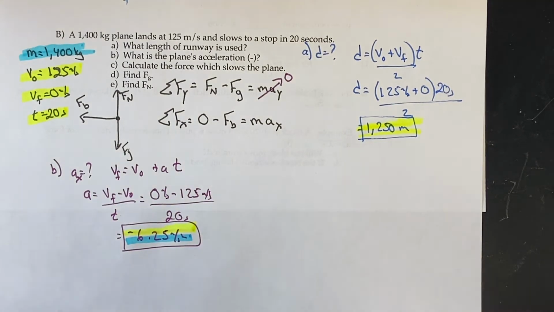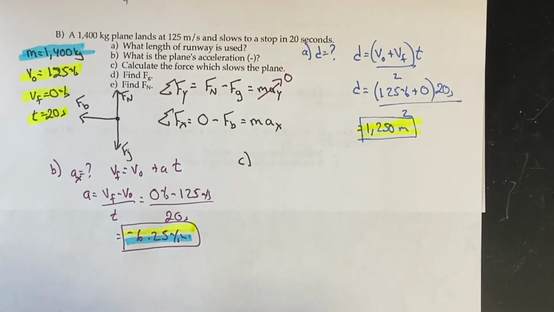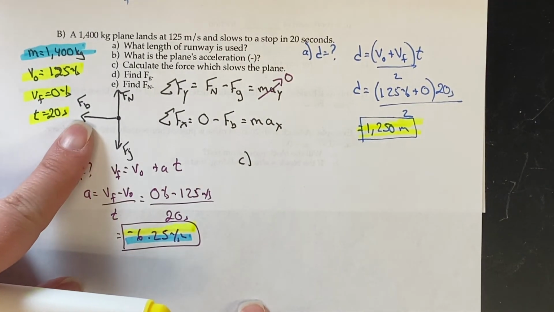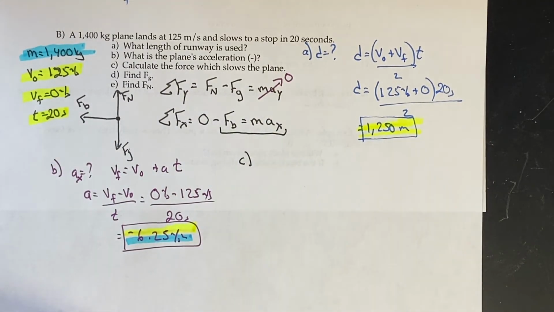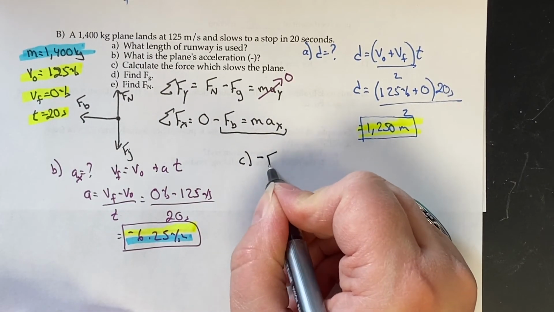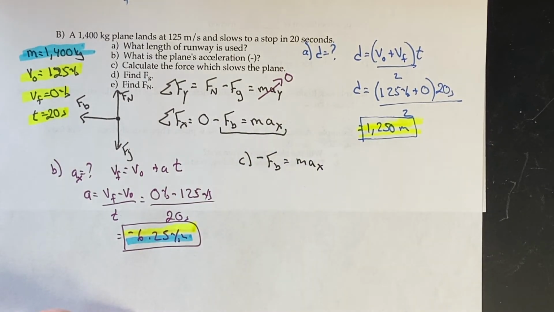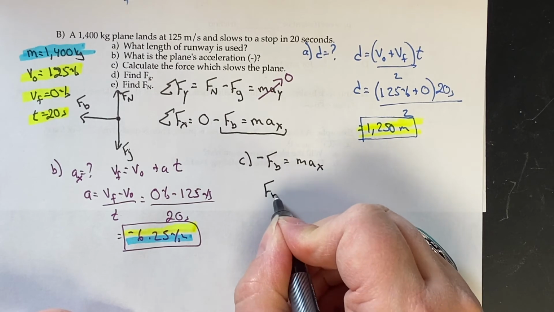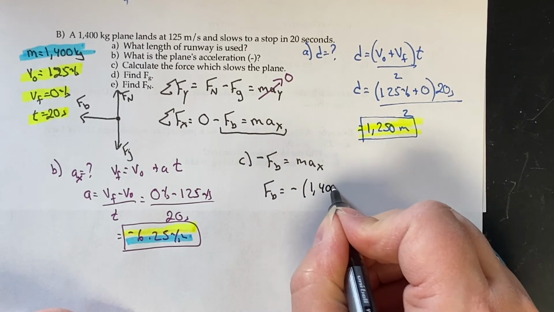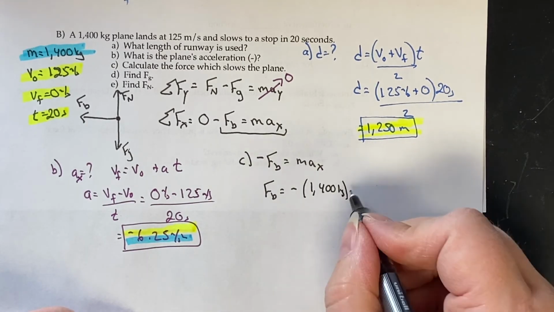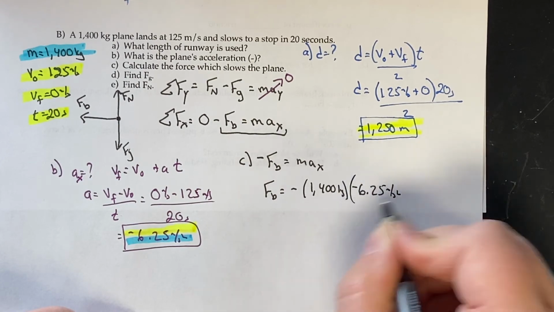So part C, calculate the force which slows the plane. Well, that's this braking force right here. So now I can go ahead and use my Newton's second law equation. It says the negative force of the brakes is equal to the mass times the acceleration in the x direction. So the force of the brakes would equal the negative mass, 1,400 kilograms, times the acceleration, negative 6.25 meters per second squared.